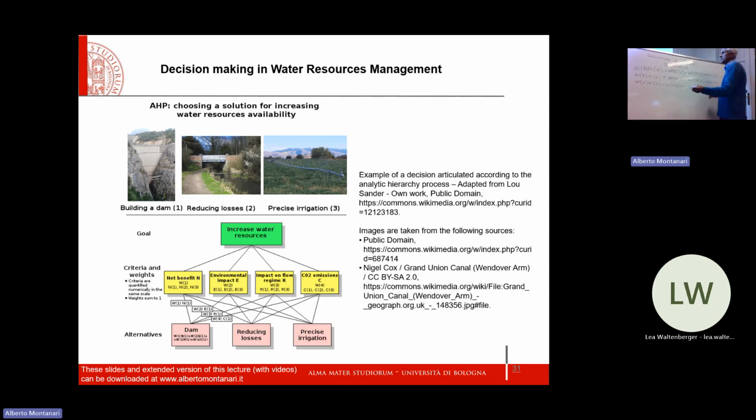Now, how to estimate the weights? You understand that if you ask people to estimate 4 weights to be given to 4 criteria, and you have a lot of people in the discussion, it's impossible. Let's suppose that you have in the room only 3 people. You have the CEO of the engineering company that is in charge of designing the solution.